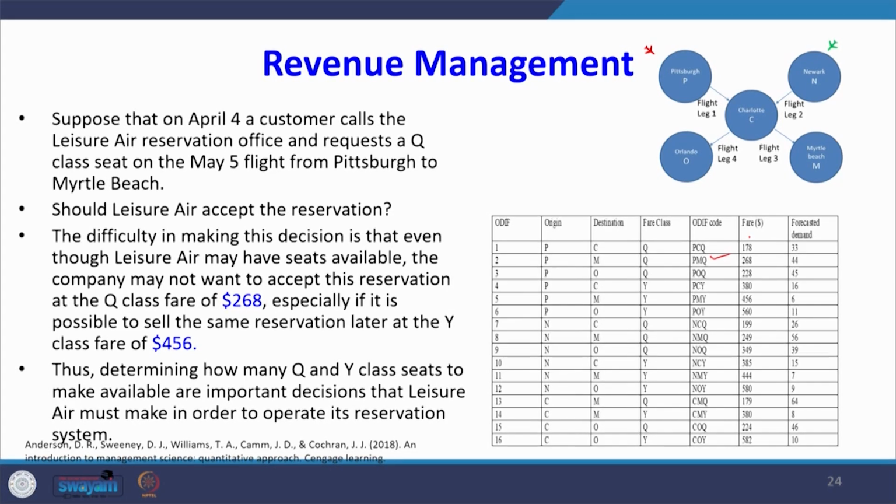For PM, there are two kinds of tickets available, PMQ and PMY. The fare for PMQ is 268, and PMY is 456.